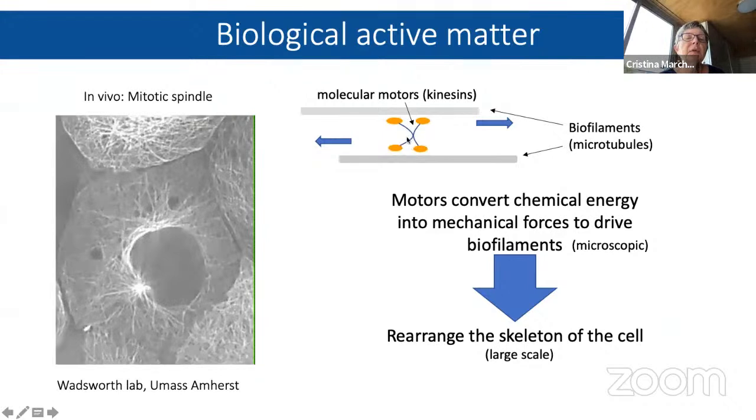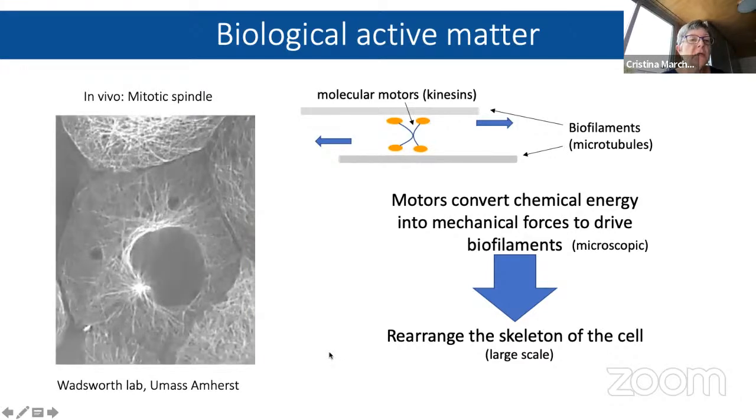And these proteins are able to convert chemical energy into mechanical forces. And by walking literally on these filaments, they displace them relative to each other, as indicated by these arrows, driving motions inside, in this case, the cell.